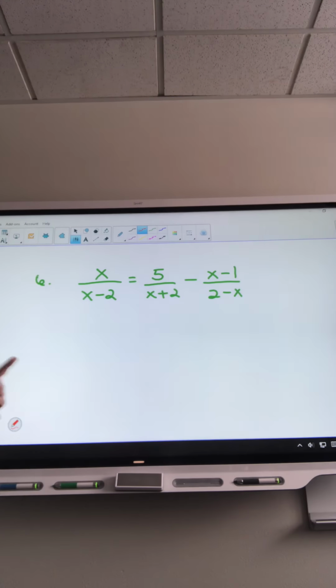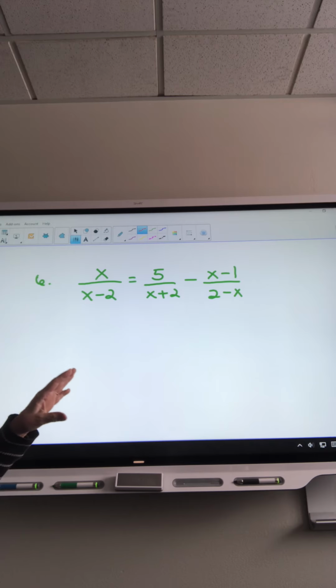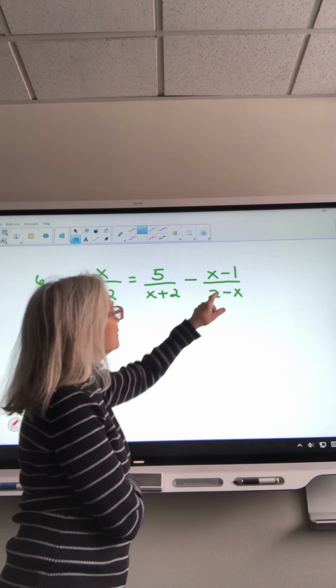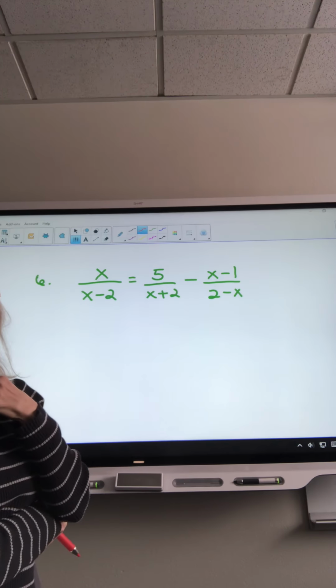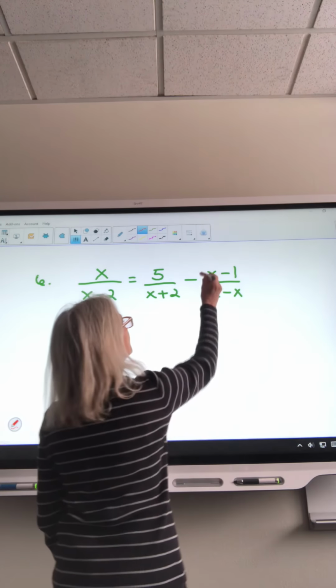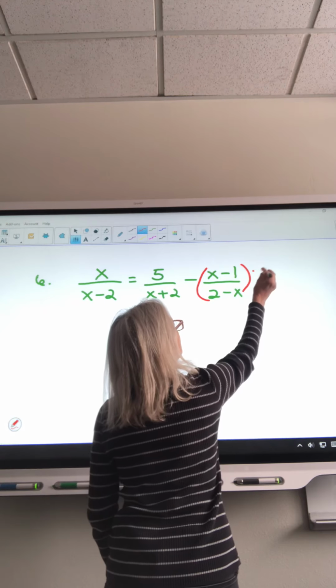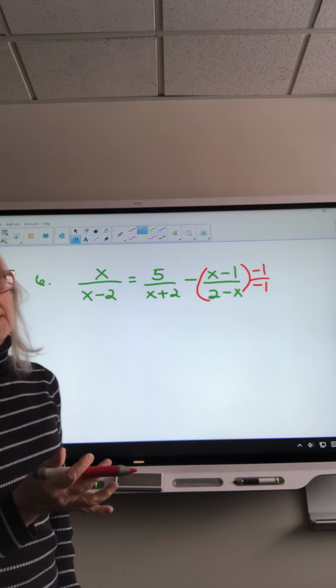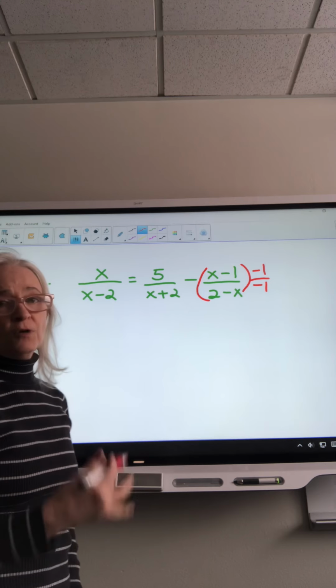And I recognize that if I were to multiply that whole expression by a negative 1, it would make this denominator a positive x minus 2. So that's what I'm going to begin with. I'm going to multiply, and really I'm just multiplying it by a 1, a negative 1 over a negative 1.